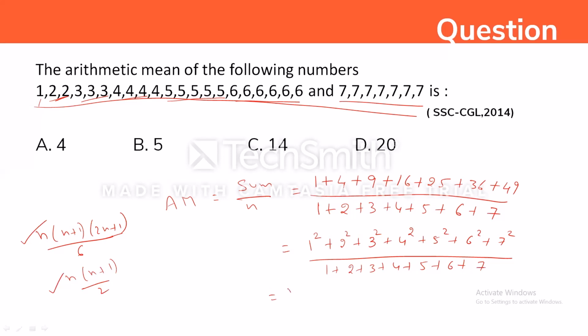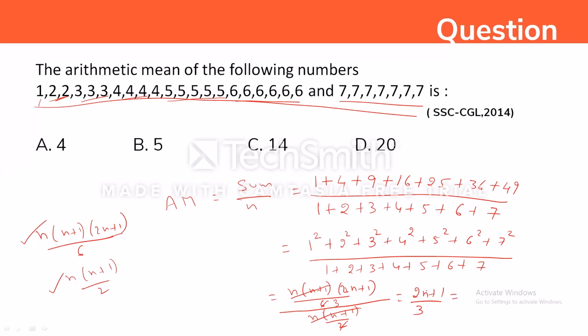So the numerator is n into n plus 1 into 2n plus 1 divided by 6, divided by n into n plus 1 divided by 2. Now n into n plus 1 in the numerator and denominator will get cancelled. 2 3 times will go, and the final answer is 2n plus 1 divided by 3. This will be the final answer.